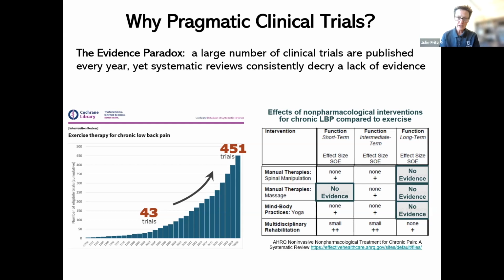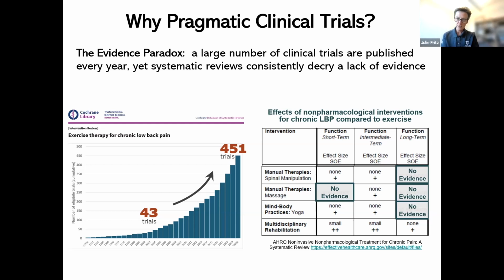On the left-hand side of the screen, this is data from the Cochrane collaboration, and this is the number of clinical trials published that are studying exercise as a therapy for chronic low back pain. And you can see it's an exponential growth curve from the time that I started doing research till now. So we have a multitude of clinical trials that address this question.